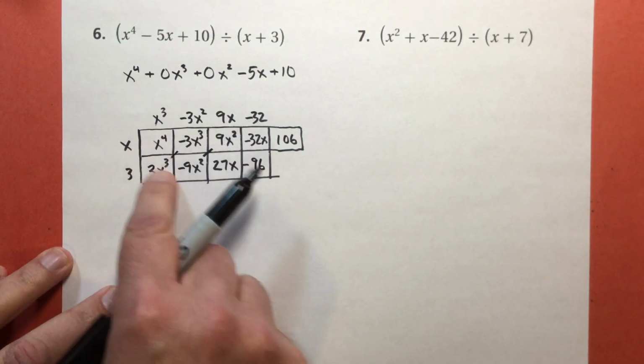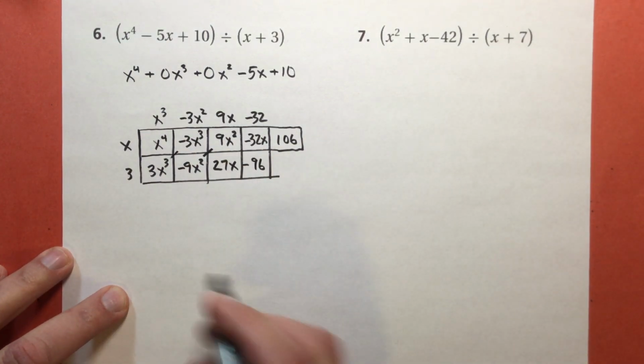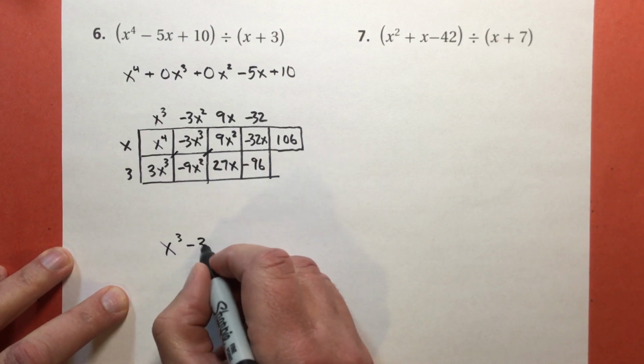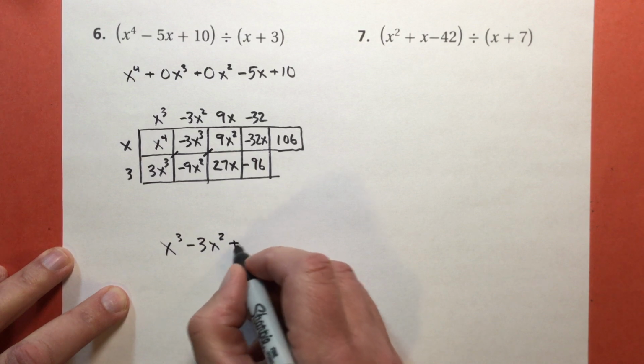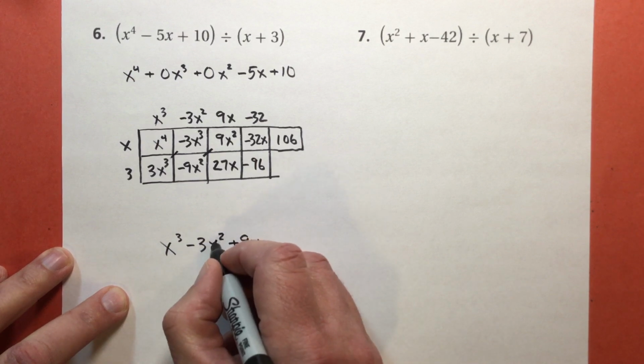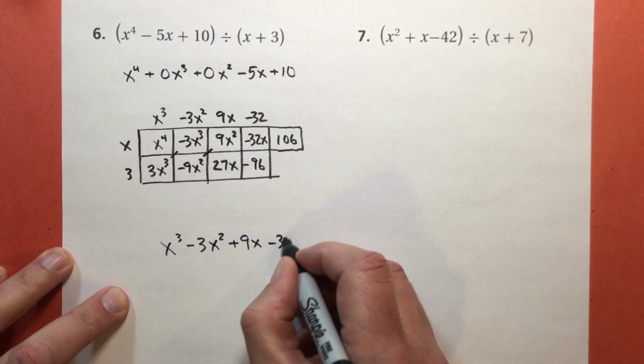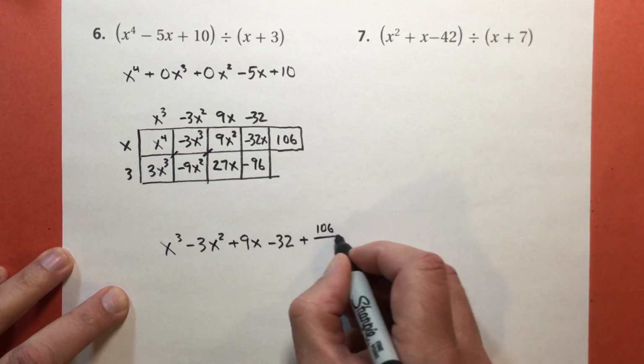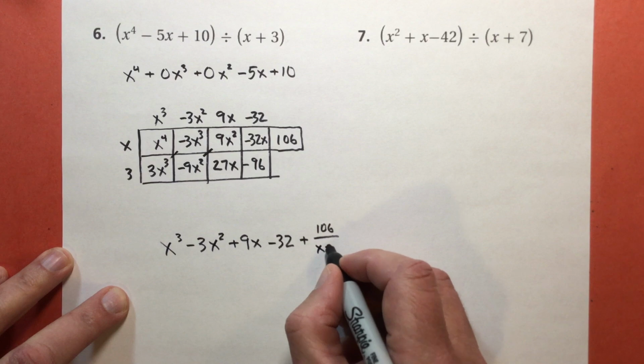So everything just goes zoom, zoom, zoom. And I get x to the 3rd power, subtract 3x squared, plus 9x, subtract 32, plus my remainder, which is 106 over x plus 3.